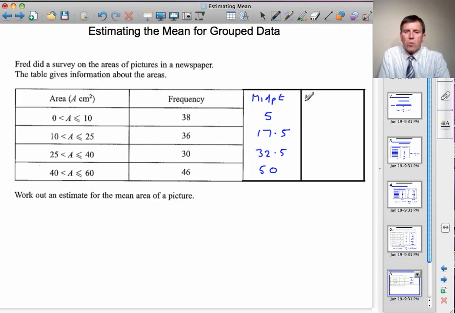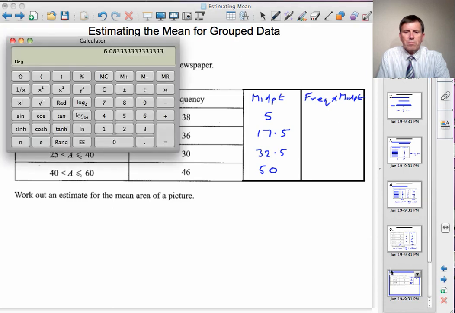And now, as always, we want the frequency multiplied by the midpoint to see what our estimate is for the total of the data. Well, we use the calculator for this, a little bit more involved. First of all, 38 times 5. Let's cancel first. 38 multiplied by 5 is equal to 190.